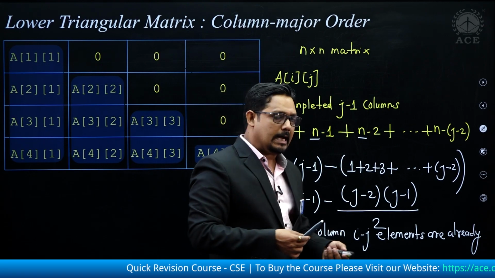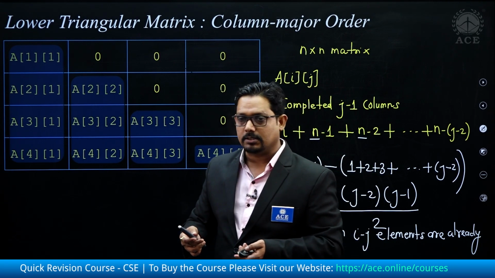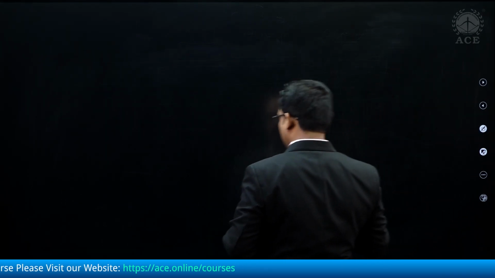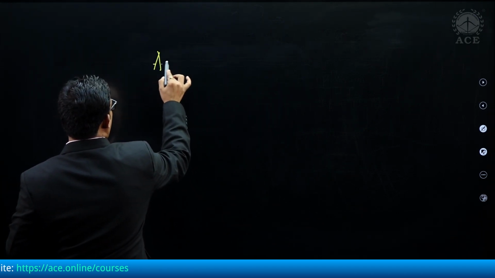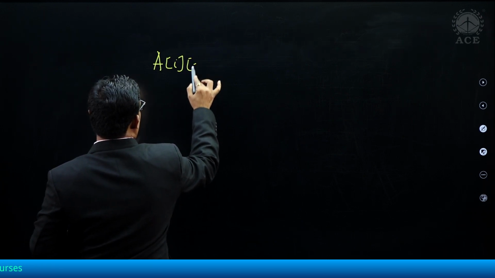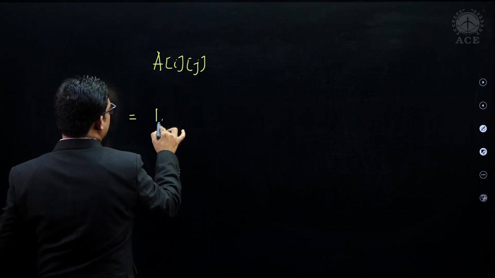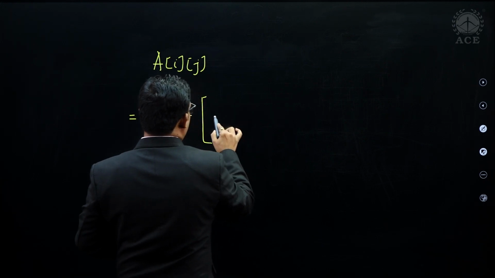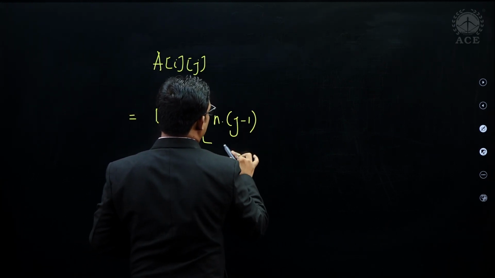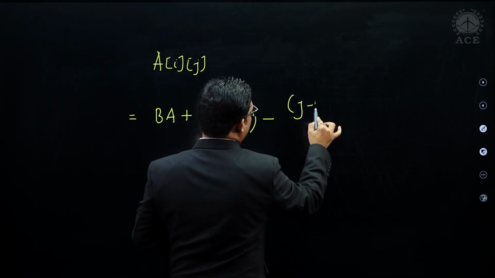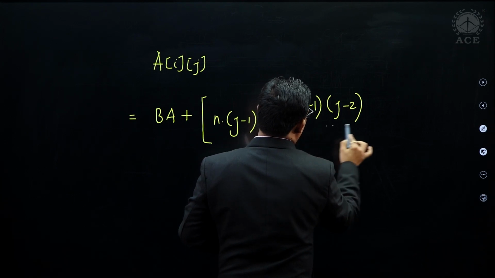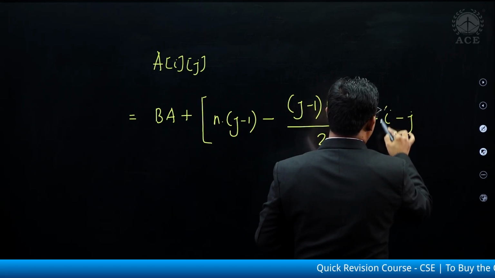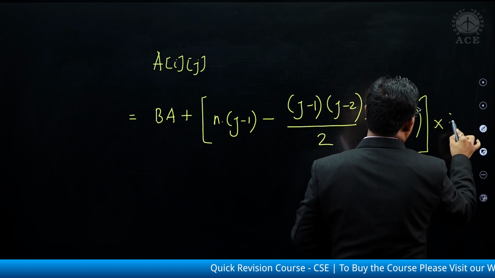Now we are ready to state the answer: the address of A of i j is equal to the base address plus, what I will write here is, n into (j minus 1) minus (j minus 1) into (j minus 2) divided by 2, plus (i minus j), into size.